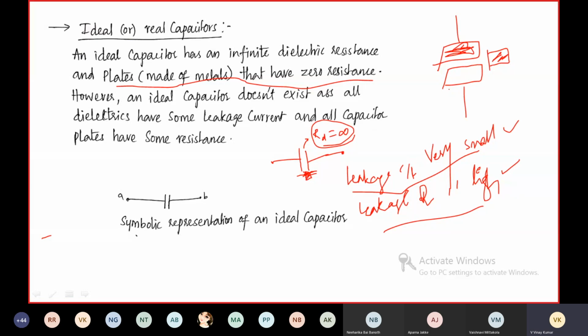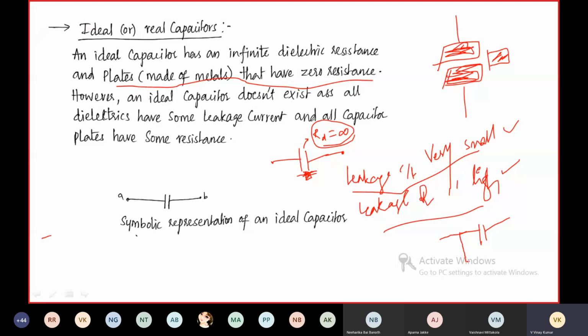These plates have small resistance in practice. So we have to represent the resistance of the plates as well as the resistance of the dielectric medium. Practically, this will be the representation of a capacitor.